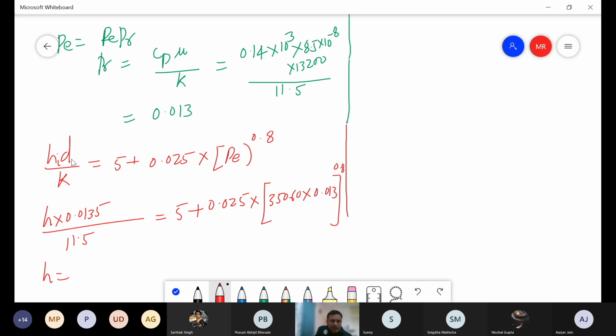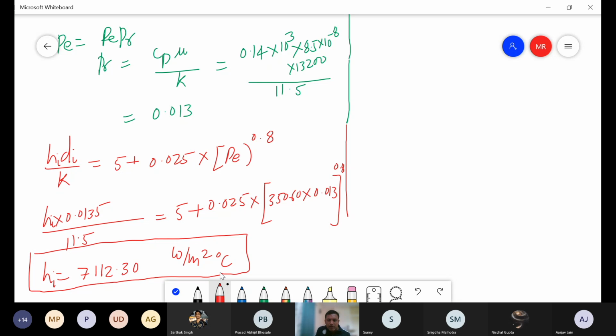So this will be h_i d_i. So h_i comes out to be, let me write down the final value of h_i. Just check whether this is correct or not. Value of h_i is 7112.30 watt per meter square degree Celsius. Just check whether this value is correct. Yes, sir. So this is the value of h we have obtained for the inner pipe.